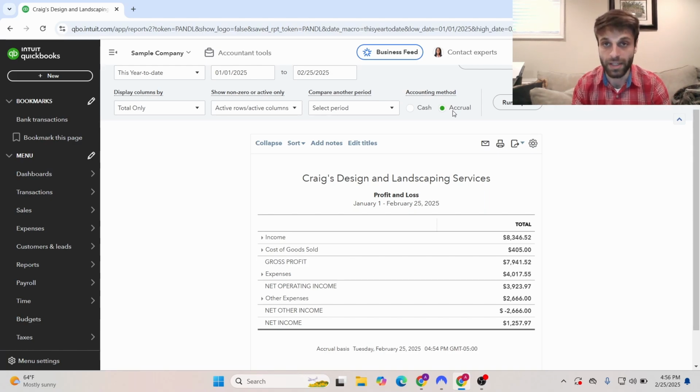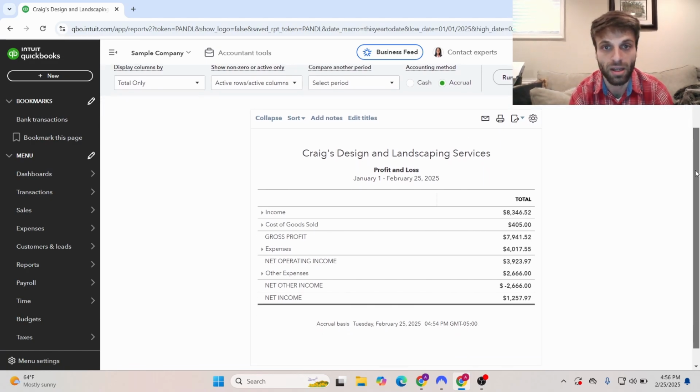Cash accounting is when we actually receive cash into our bank account, or whenever cash leaves our bank account. So that's what the cash accounting method would be. With accrual, if we send an invoice, then we've rendered services and basically earned that money, right? So we can take a look.